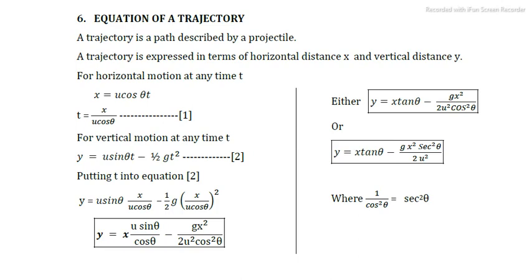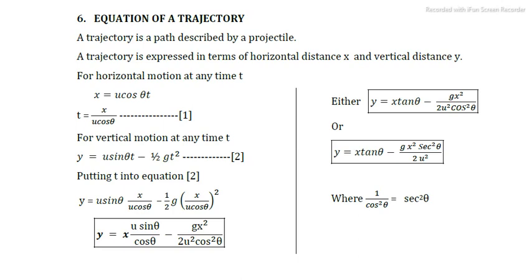And therefore, in that equation, if we substitute for time t, remember from the horizontal motion we got t as x over u cos theta, and then if we substitute for t in the equation for vertical motion, we shall come up with y as x u sin theta over u cos theta minus g x squared over 2 u squared cos squared theta.